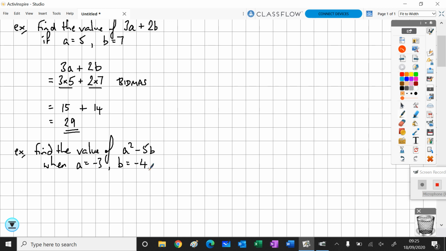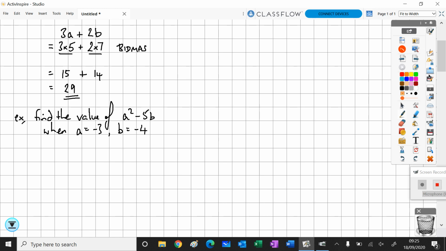So this is more complicated, partly because we've got a square, partly because we've got lots of negatives, but the principle is the same. You start by writing out the piece of algebra that you've been told to work with. On the next line, you substitute things in.